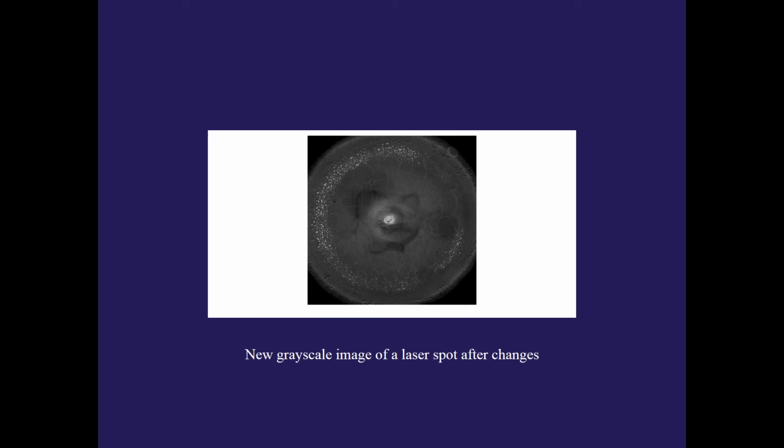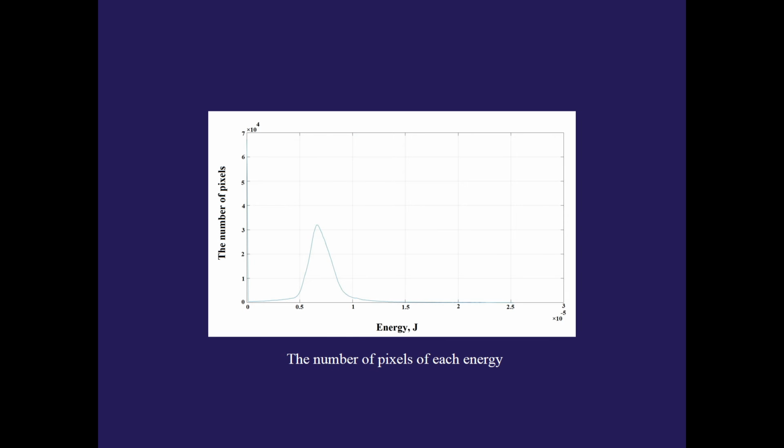After that, we got the image already in changed shades of gray, and as you can see, it became darker. After that, we multiply the shade by the number of pixels of this shade and find the sum of the resulting array. The sum will be the energy per spot in relative units.